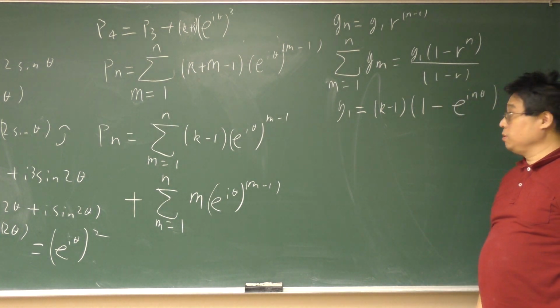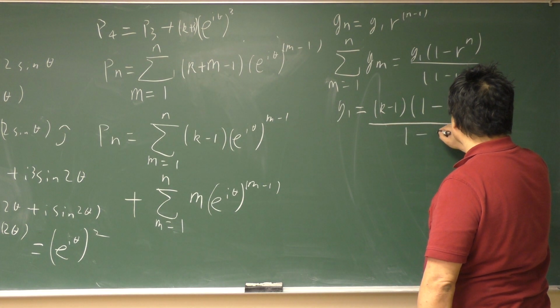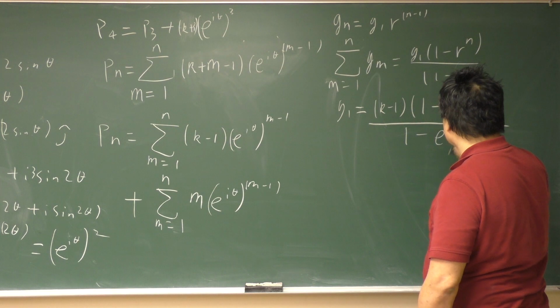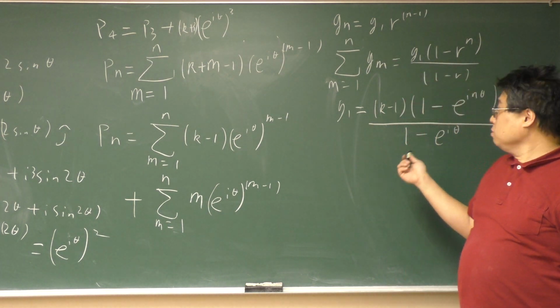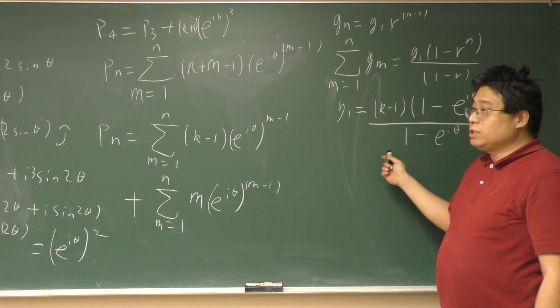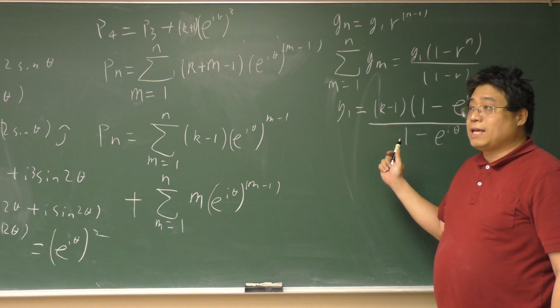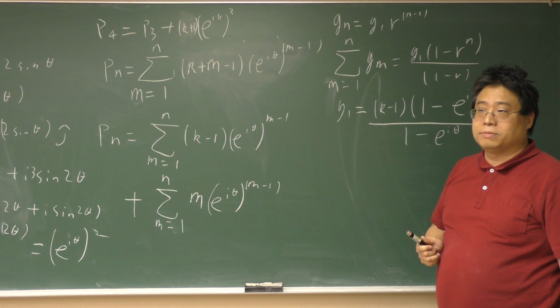Again, property of exponents. Divide by 1 minus e to the i theta. Now, I do want to show you this part, because this lets us handle the case where k is not equal to 1 in our problem.